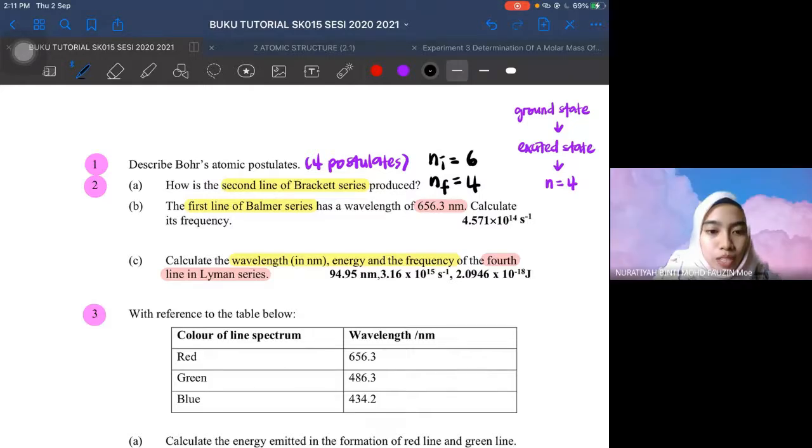So anyone want to tell me the sentence you want to use? How is the second line of Brackett series produced?